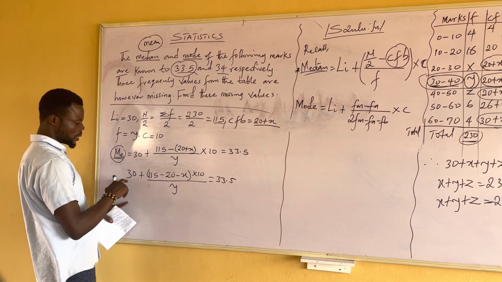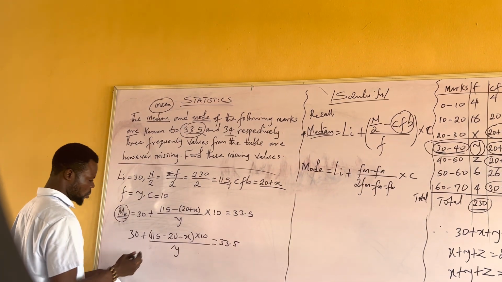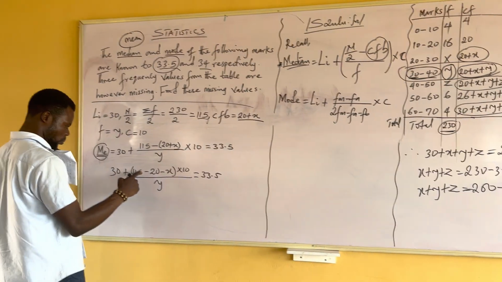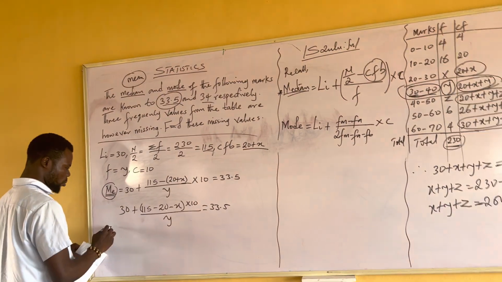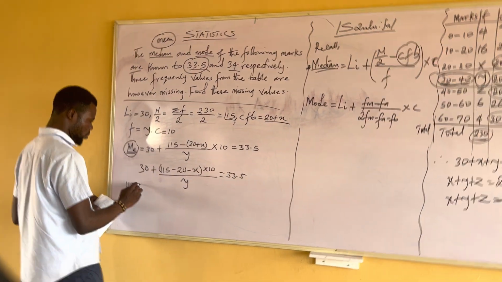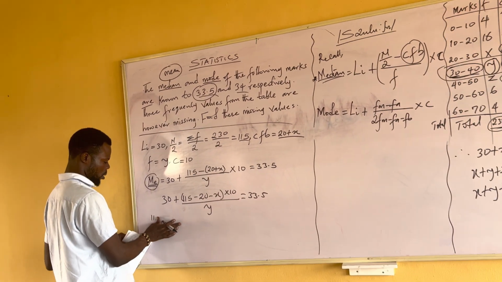We can take this 30 to this side. 115 minus 20 will be 95 directly, right?